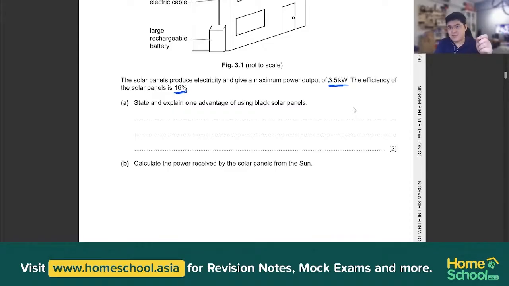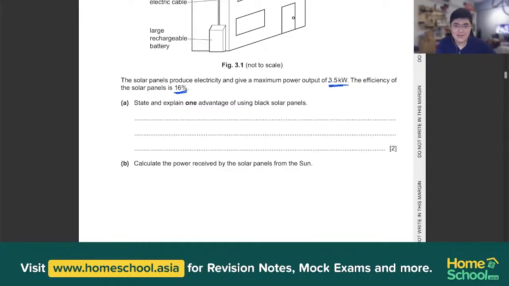Which means it actually absorbs all the colors of radiation. If we were to do, let's say, solar panels in red, it will only absorb red and it will reflect away all the other colors. So that's the reason why it's black. And having more energy absorbed means more energy generated by the solar panels. And that makes the solar panel much more efficient, right?